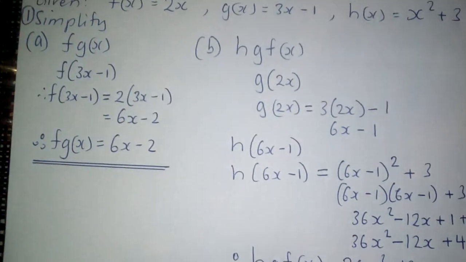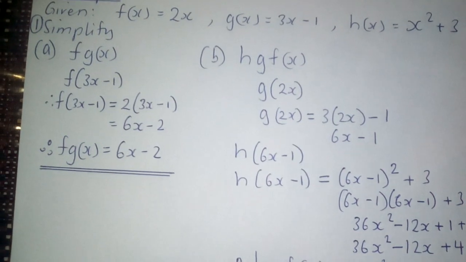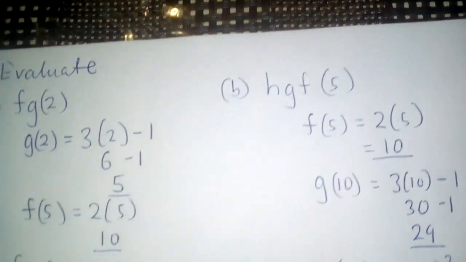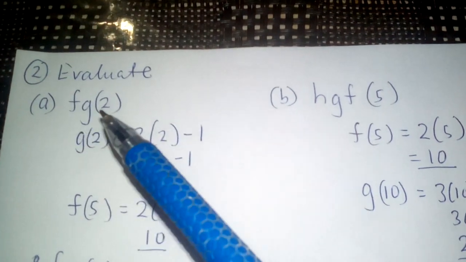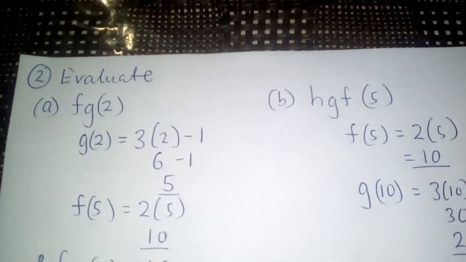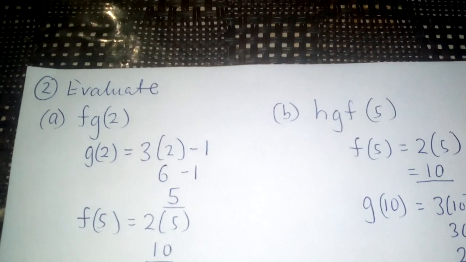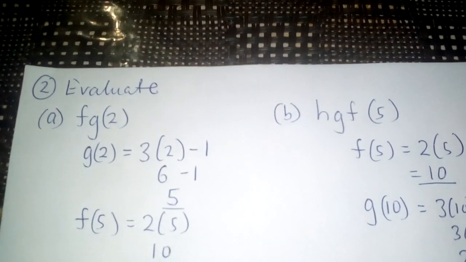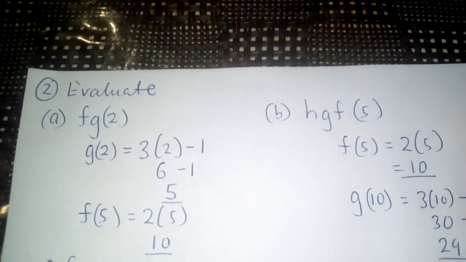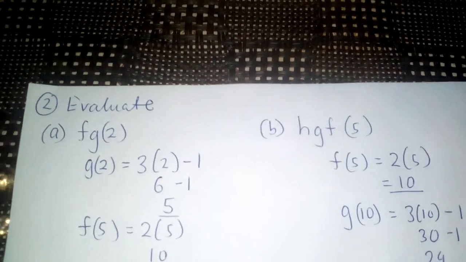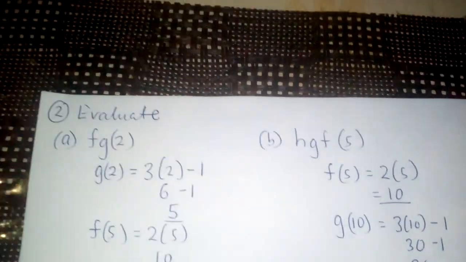Now let's see if we have a number. How do we evaluate? Example 2 here. If I have FG of 2, remember, first I have to solve G, because G is closest to my bracket.